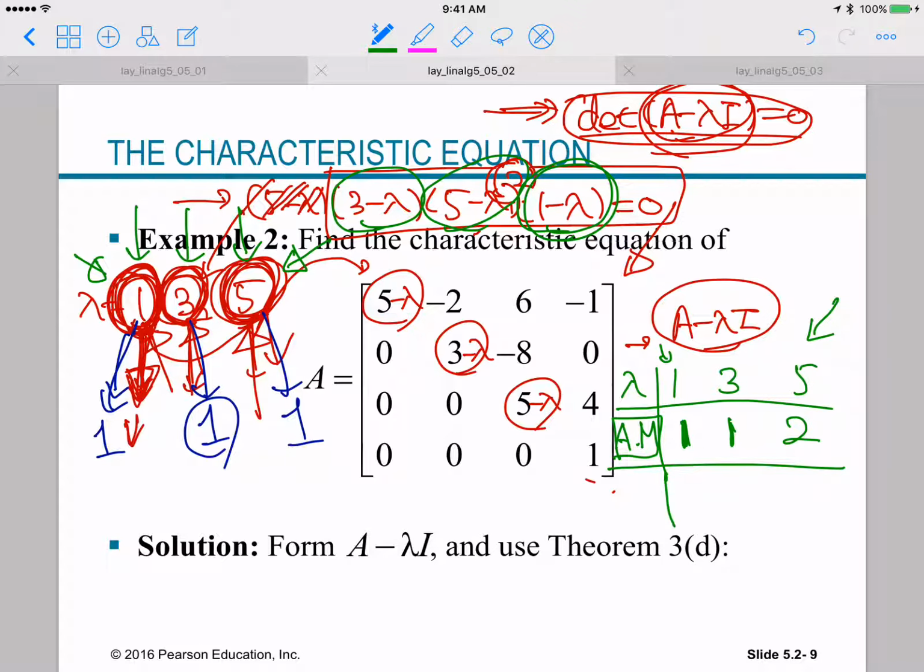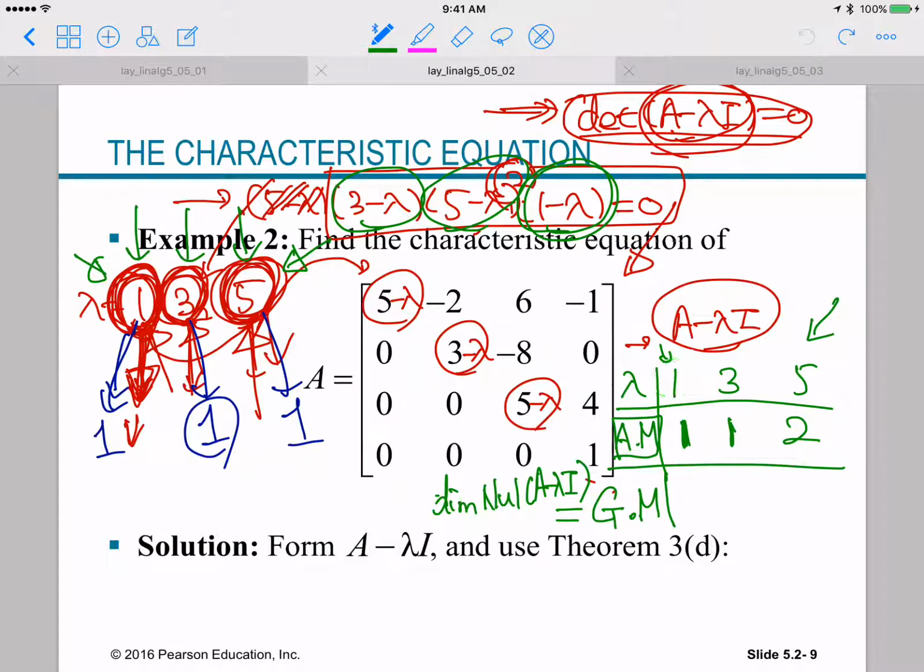Now we consider another version of the multiplicity. The second multiplicity is called geometric multiplicity, and this is the same as the dimension of the null space of A minus lambda I for these particular lambda values.